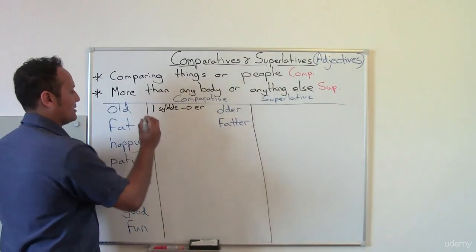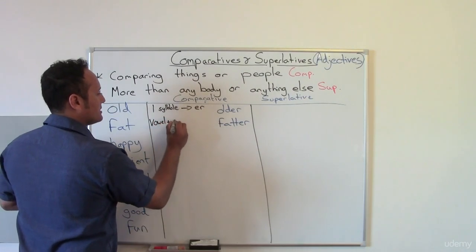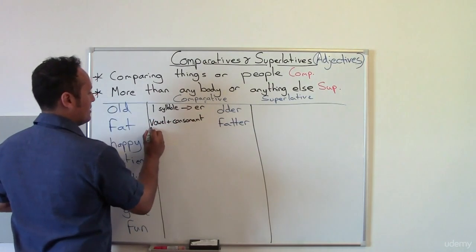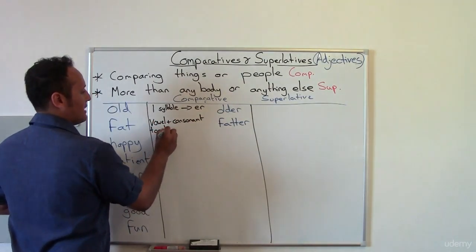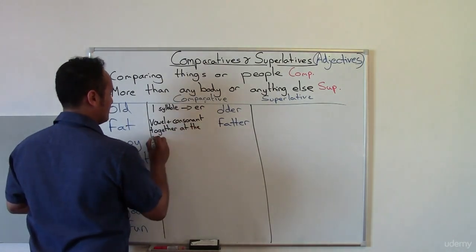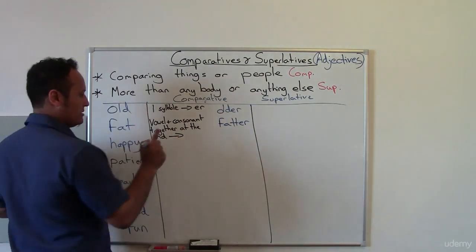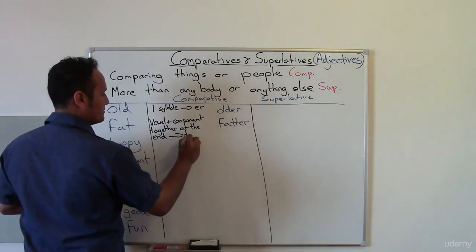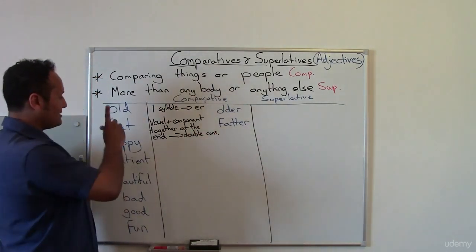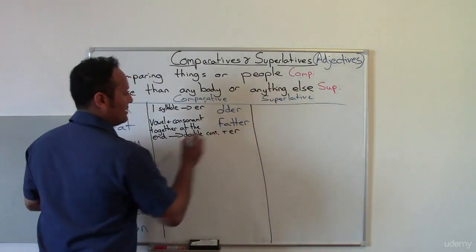So let's just write that. So vowel plus consonant together at the end, that equals, you double the consonant and add ER.